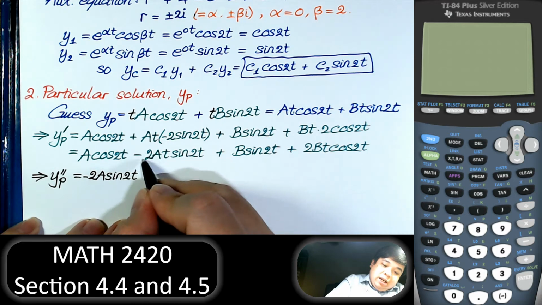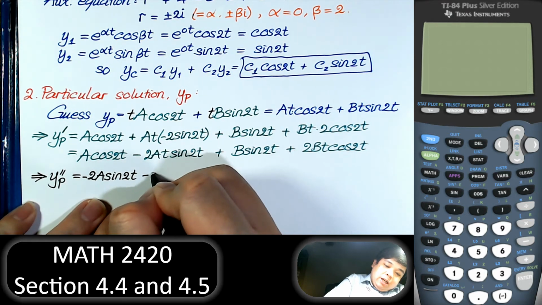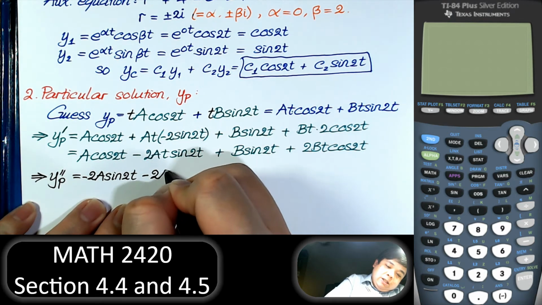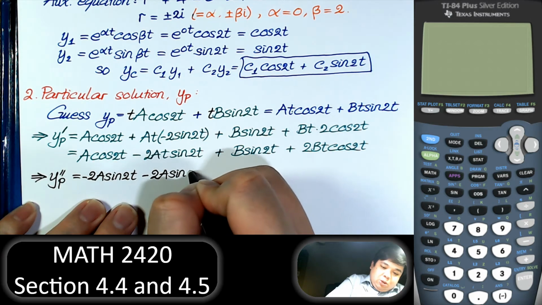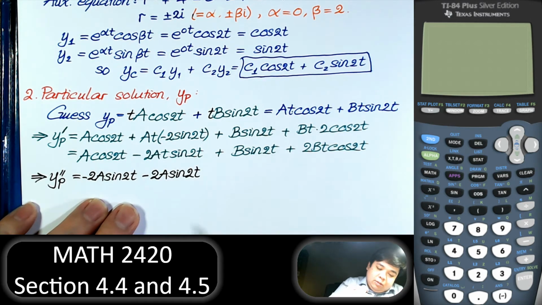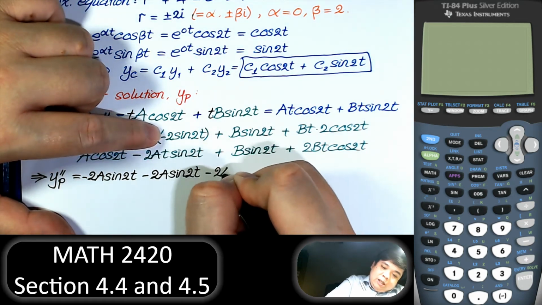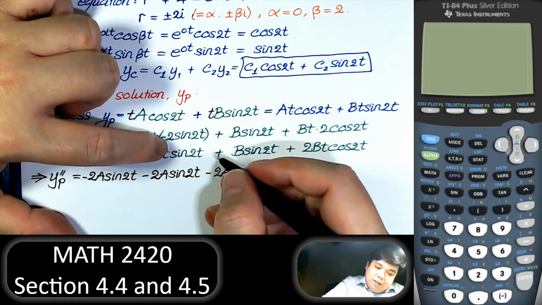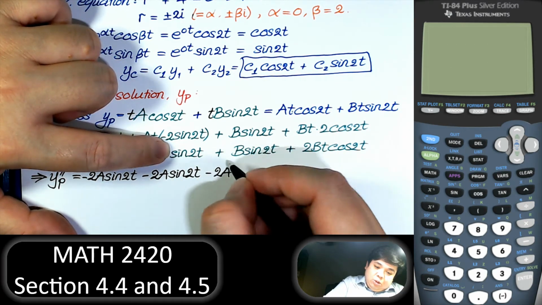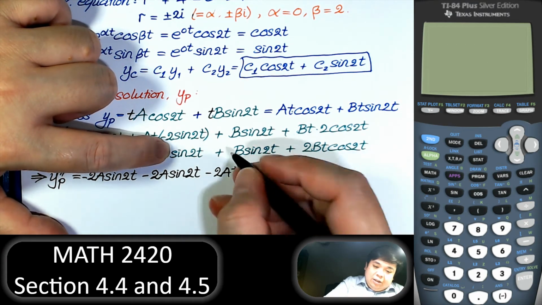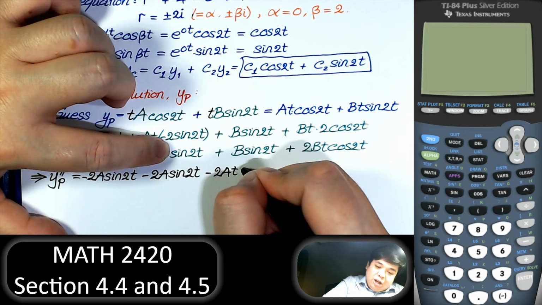Now for this one, it is the product rule. Negative 2a sine 2t, and then minus 2at, derivative of sine 2t is cosine 2t, 2 cosine 2t.